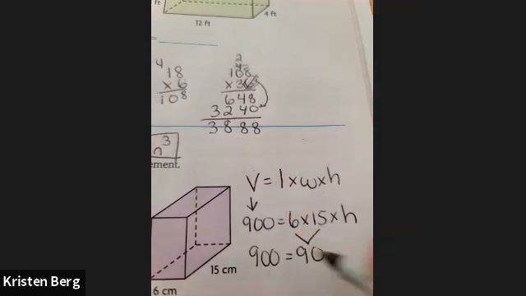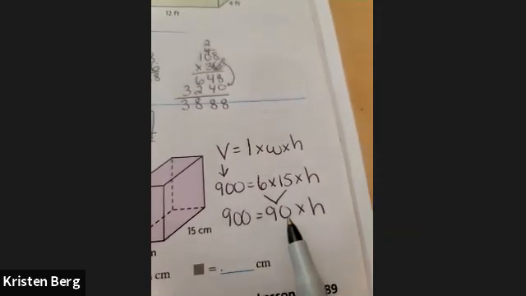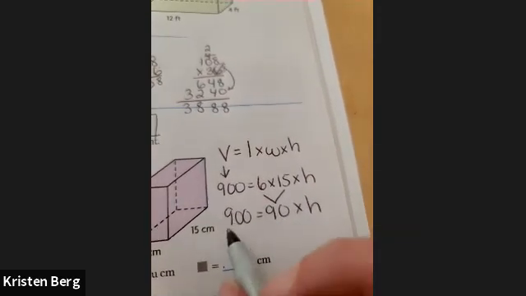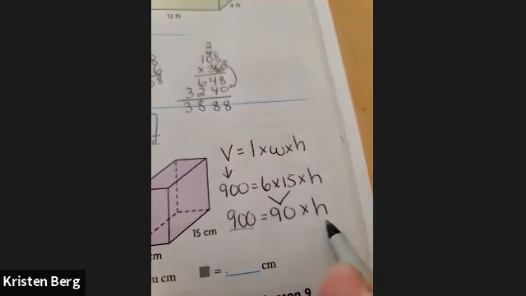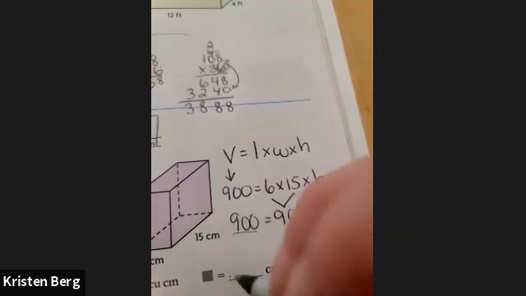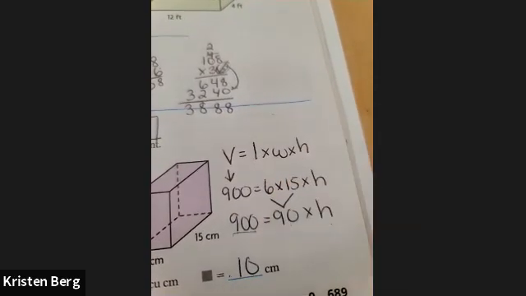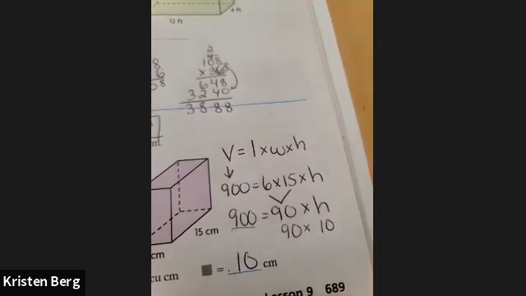This is still 900 times H. So we have 90, so therefore we need one more 0. What is missing, and you could have divided this out to figure it out, is the H needed to be 10, because 10 times 90 is 900.